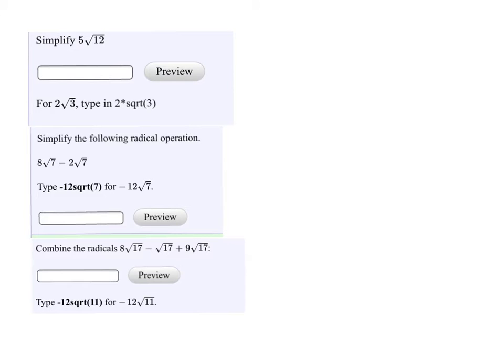Five square root of 12, 5 radical 12. This is one of those where you have to have a perfect square to simplify it. Perfect squares are any number times itself: 4, 9, 16, 25, 36, 49, 64. These numbers are the key to simplifying square roots.